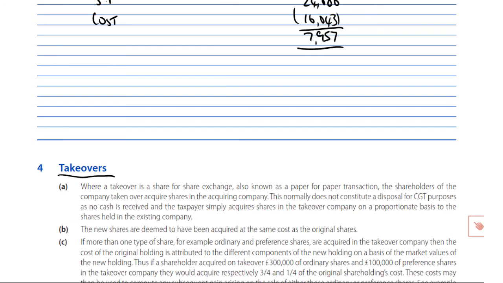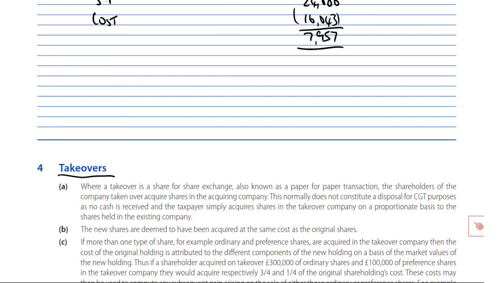But along comes V PLC, and V PLC takes over A PLC. And they do it on a share-for-share basis. If V PLC paid you money, you've just made a disposal. Your cash received is your proceeds, and therefore you can calculate the gain in the normal way.